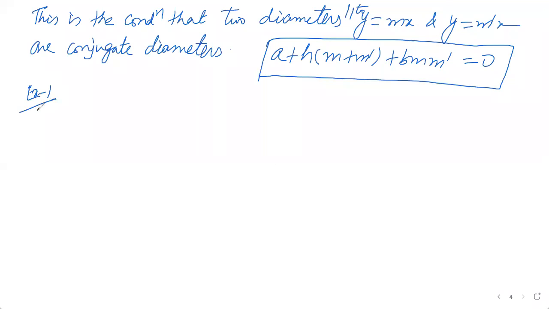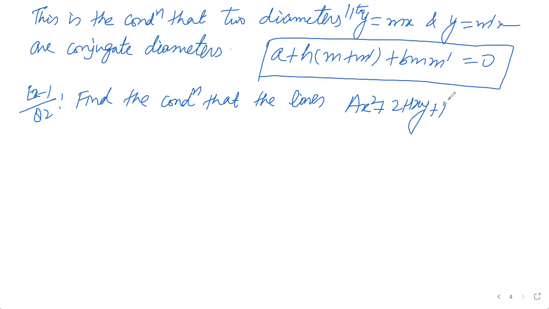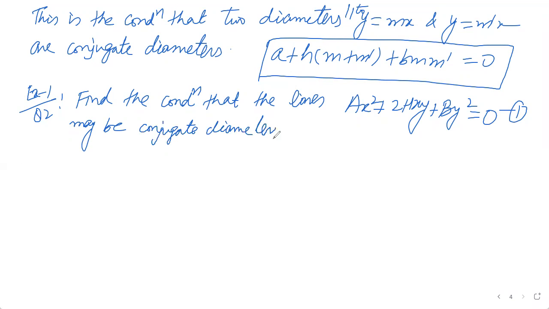One problem, Example 1 on page 82, let us do. Find a condition that the lines ax² + 2hxy + by² = 0, suppose we say number 1, you know it represents a pair of straight lines, may be conjugate diameters of the conic ax² + 2hxy + by² = 1. This is the conic question.